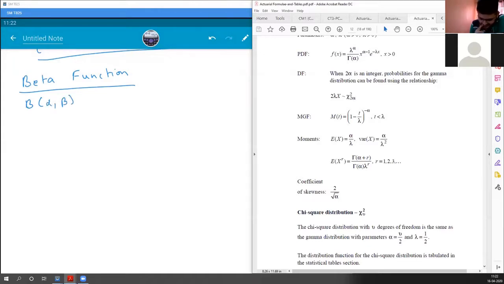Now that can be represented as gamma function as well. This is nothing but gamma of alpha, gamma of beta over gamma of alpha plus beta. Okay, so we can represent it as a gamma function or also as an integral.